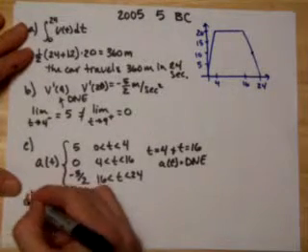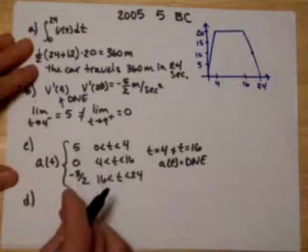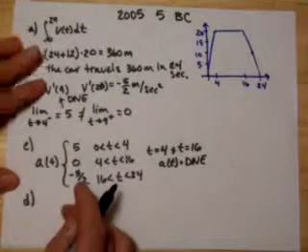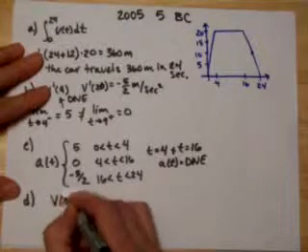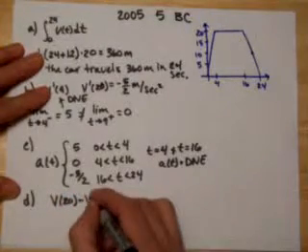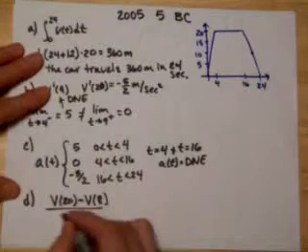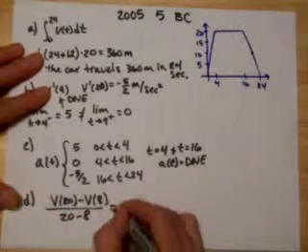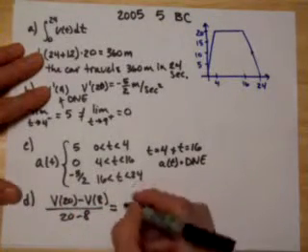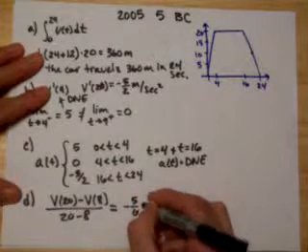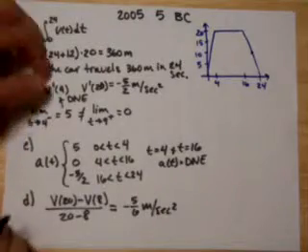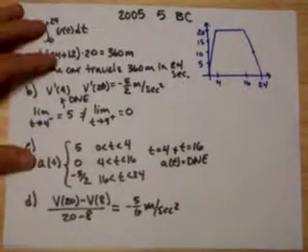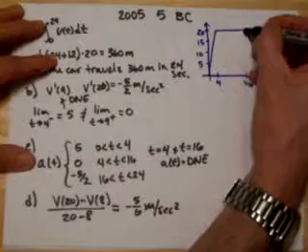D, find the average rate of change of v over the interval from 8 to 20. So that would be just v of 20 minus v of 8 over 20 minus 8, which is negative 5/6 meters per second squared. And the mean value theorem does not apply because it's not differentiable on the interval.